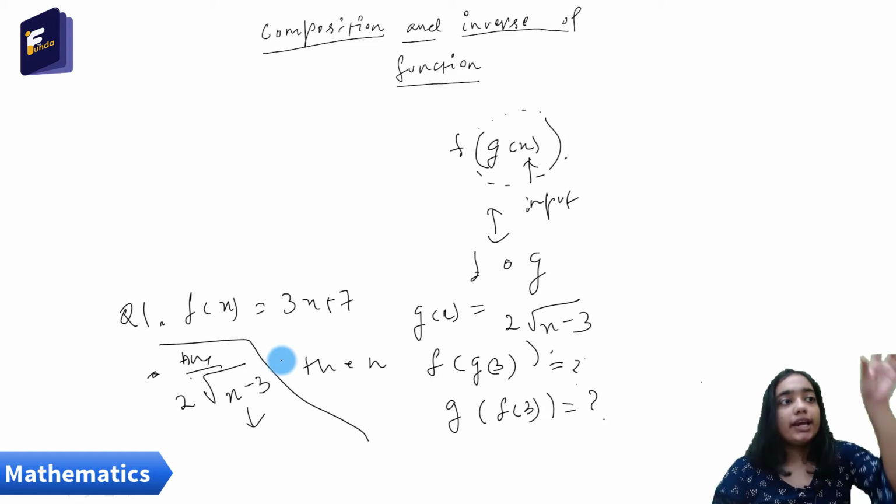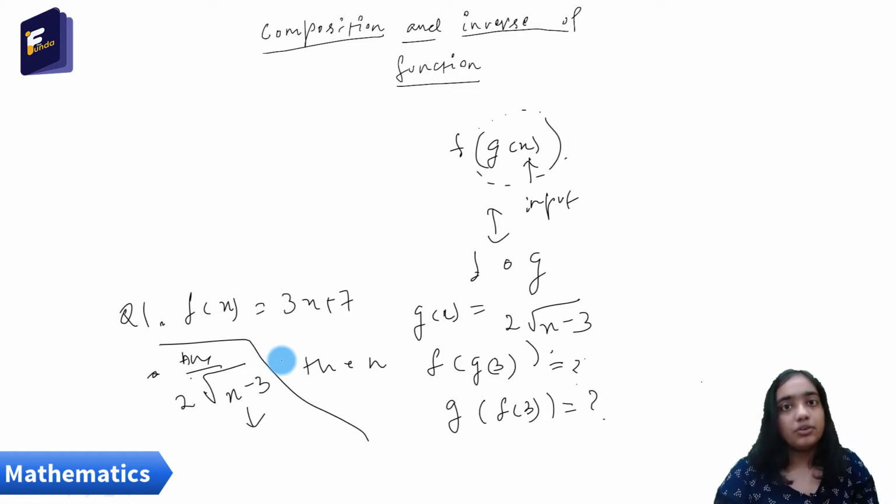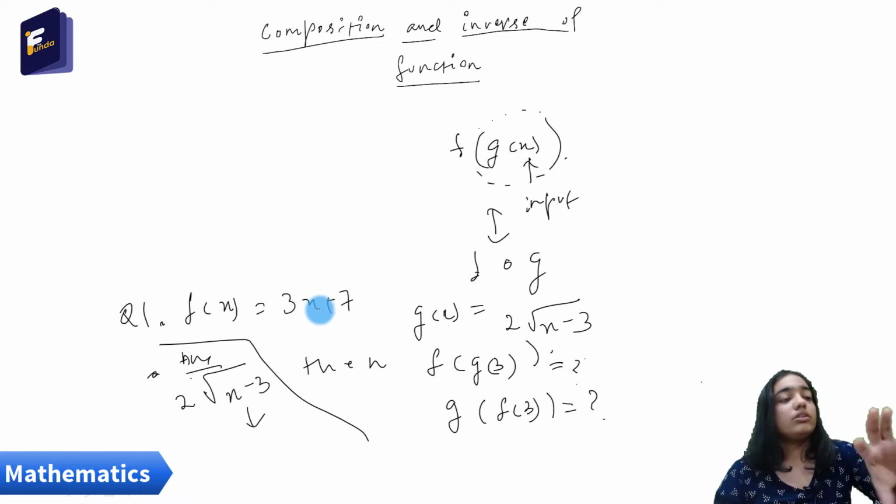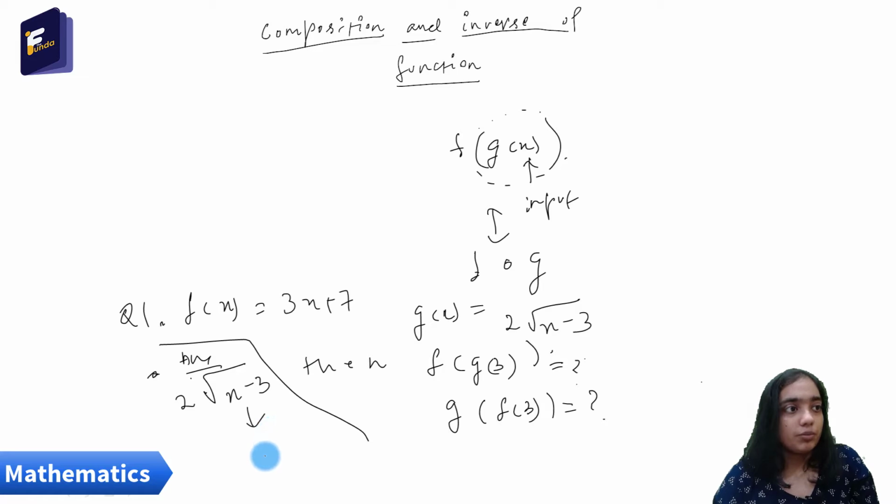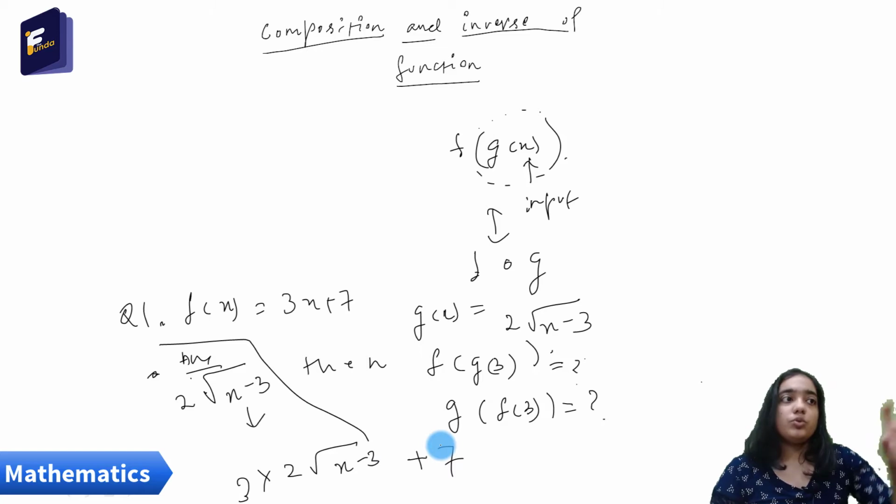This output we are again putting in function f. So this output we will put in f. f is such a machine that it multiplies the input by 3 and adds 7 to it.